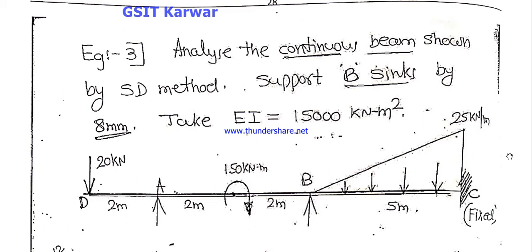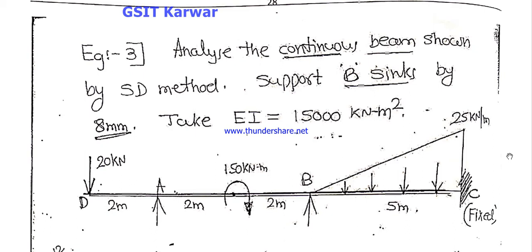And observing the continuous beam, the supports A and B are simply supported and C is the fixed support, and span DA is an overhanging span. The load on the span BC is a uniformly varying load, UVL, given as 25 kN per meter.